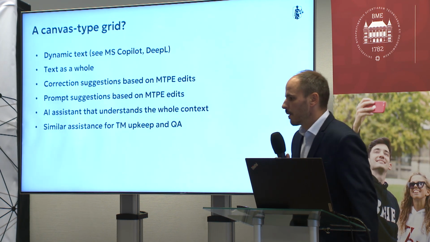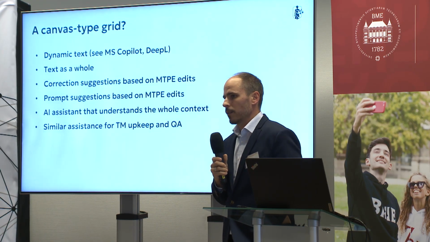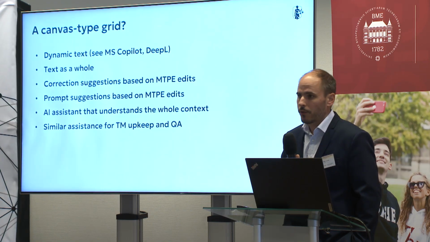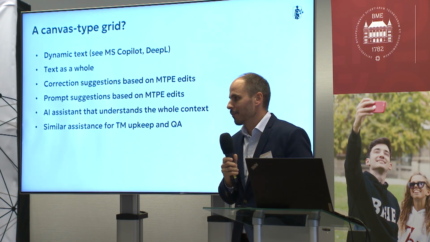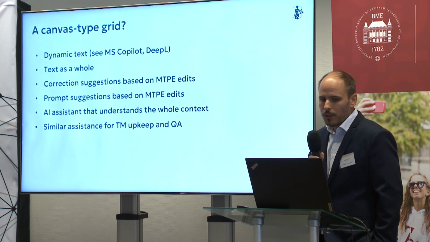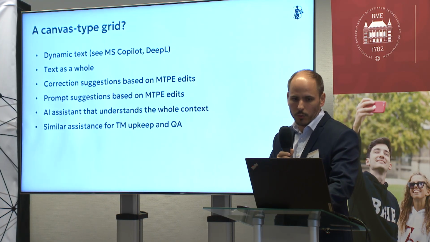Oh yes, and not only the editor view has the grid, but also the TM maintenance view, which is really laborious work right now, because it's the most abandoned place to spend your time in. So if you had some canvas type approach to TM upkeep and QA, that would be really nice too.